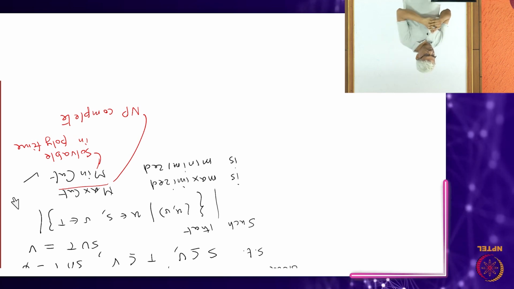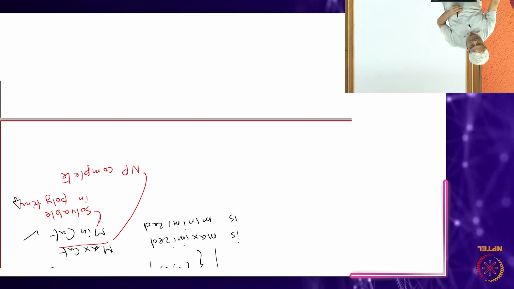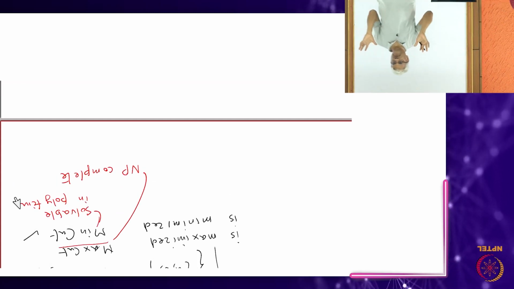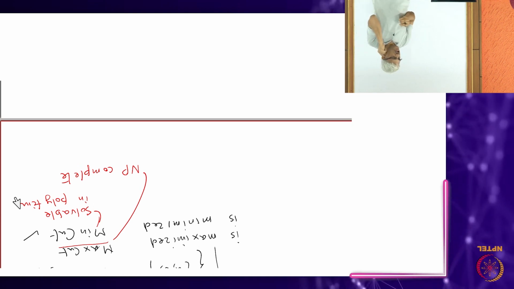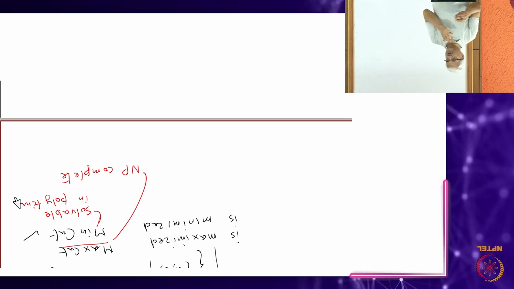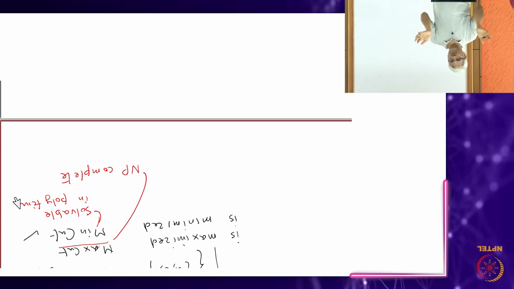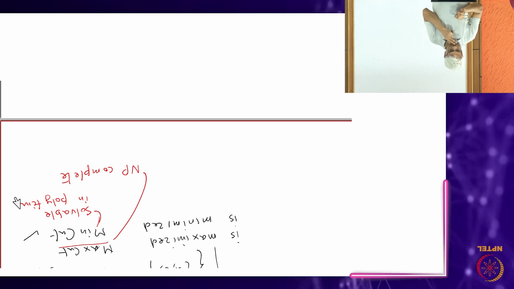So, it's believed that NP complete problems cannot be solved in polynomial time. This is one of the famous open problems in computer science. We don't know yet, but it's widely believed that you may not have an efficient algorithm for an NP complete problem. So, in particular, if I want to find the partition which maximizes the number of edges across, that is a hard problem.